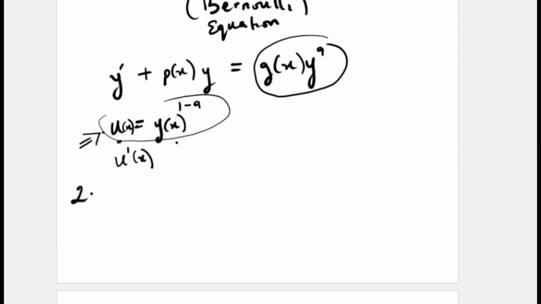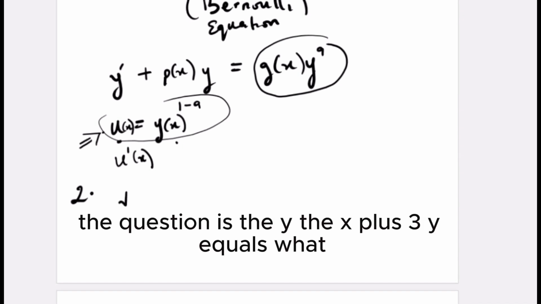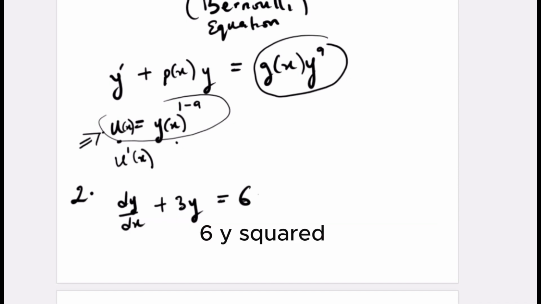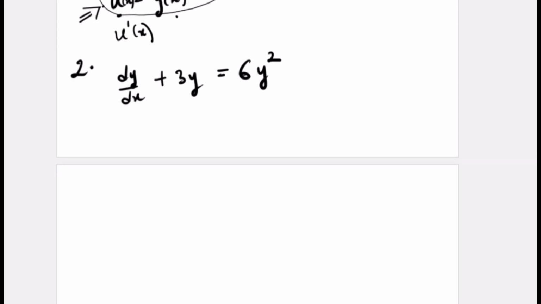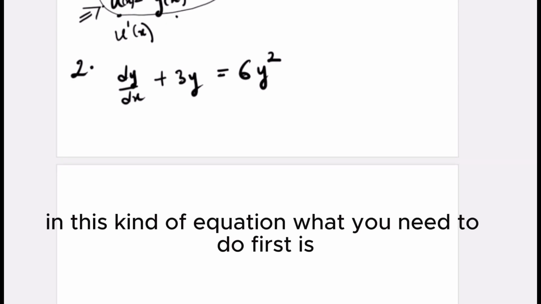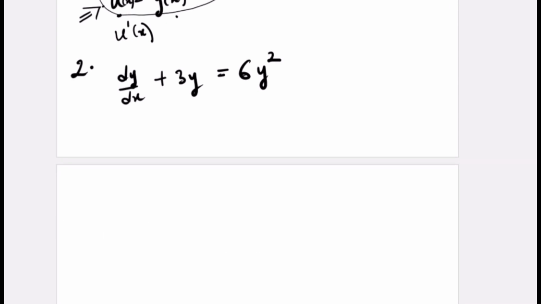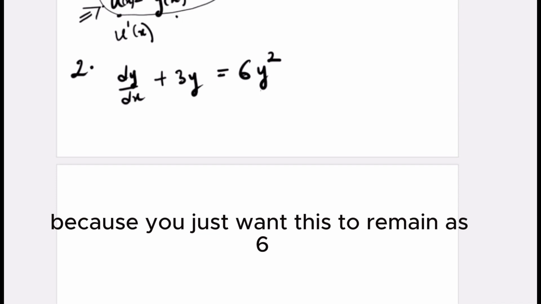Question 2. The question is: y prime plus 3y equals 6y squared. In this kind of equation, what you need to do first is divide the whole thing through by y squared, because you just want this to remain as 6.